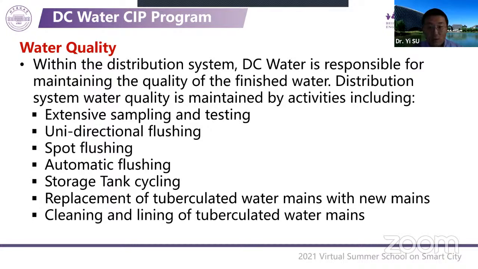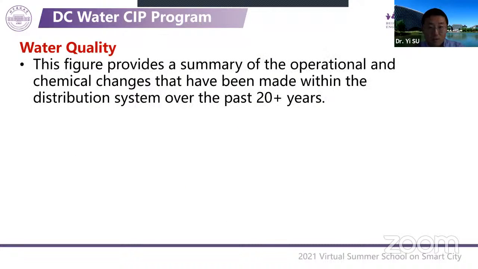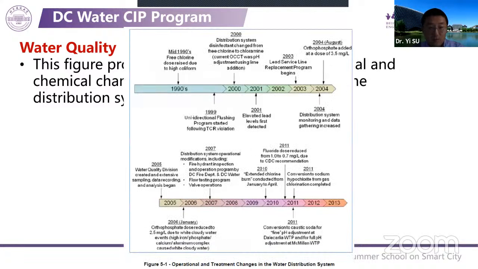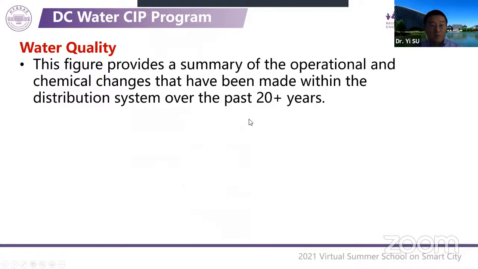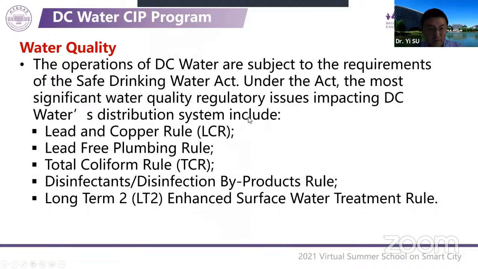Those are the activities taken to maintain the distribution system water quality. So this is a timeline of the operational chemical changes over the past 20 years.